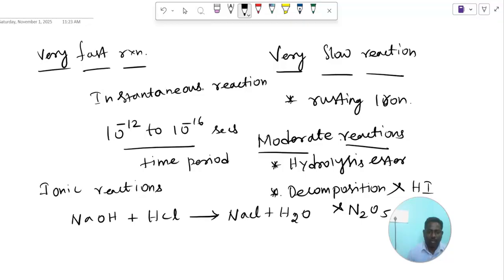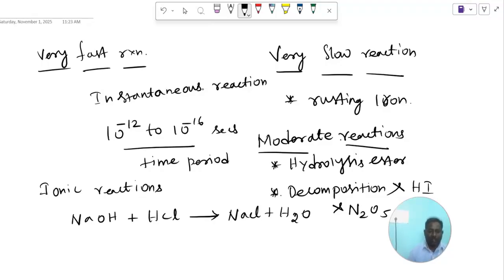This N2O5 is decomposed into nitrogen dioxide and oxygen, and the hydrogen iodide is decomposed into hydrogen molecule and iodine molecule. So these are all the three different types of reaction studied in chemical kinetics based on the time period of the reactions.